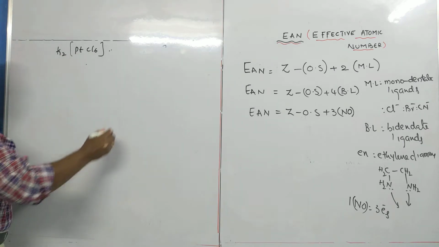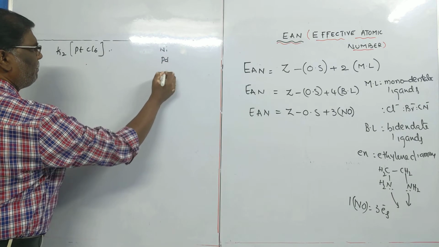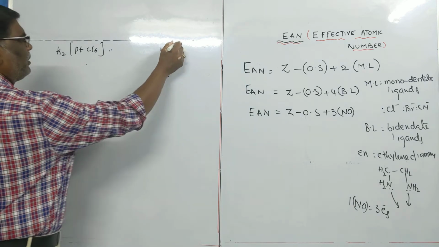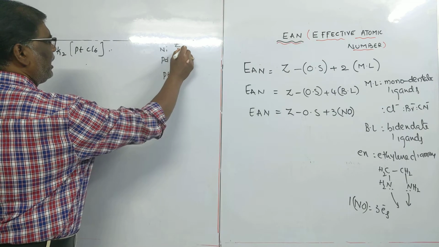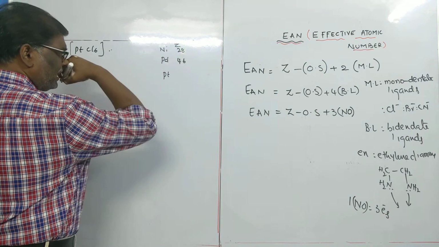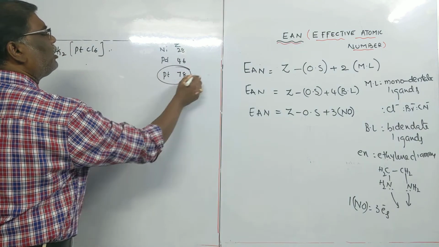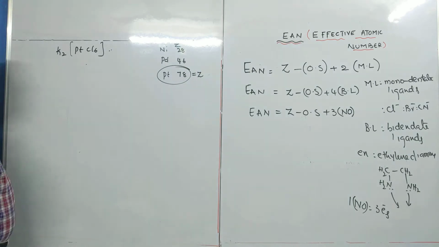K2PtCl6. First of all, you know nickel, palladium, platinum. Atomic number of nickel is 28 plus 18 gives 46, 46 plus 32 gives 78. 78 is the atomic number of platinum here.